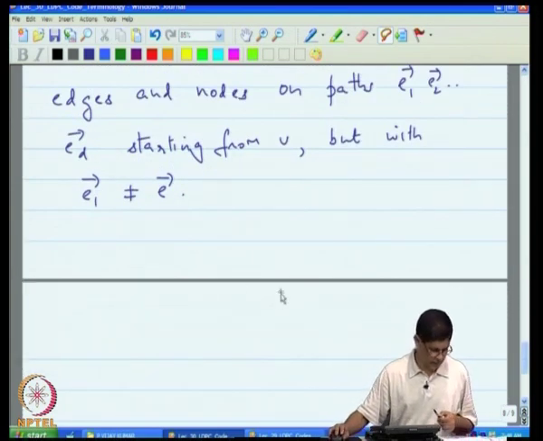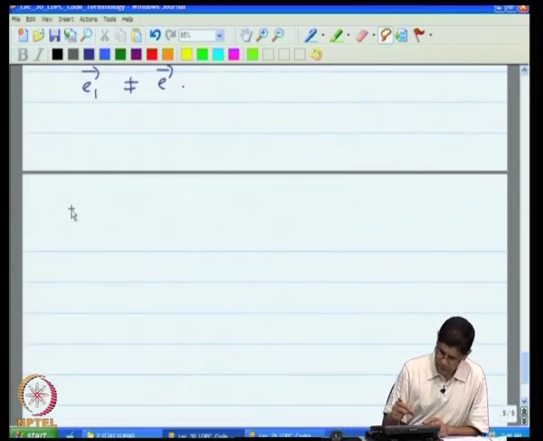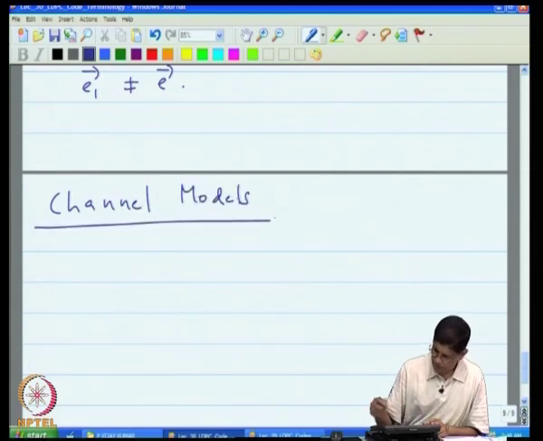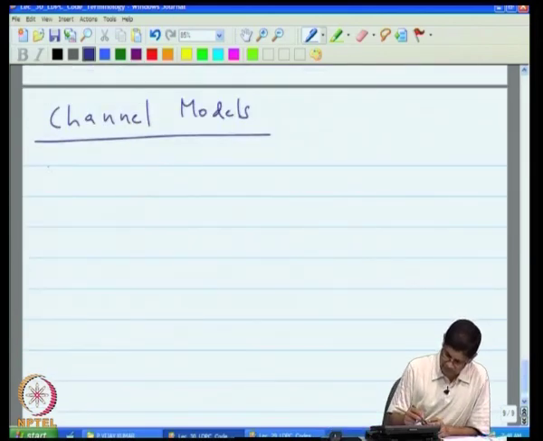So, next we will talk about channels. The two channel models that we have in mind are, first of all, the binary symmetric channel, and we have already seen this before.